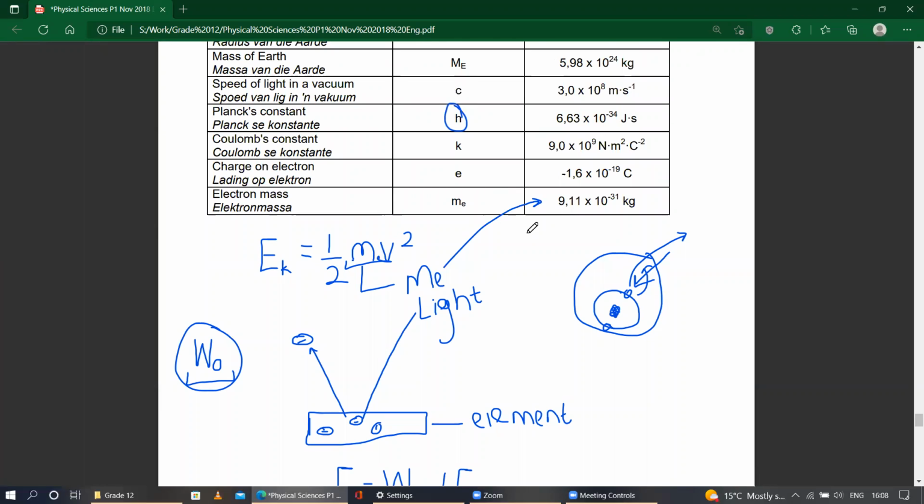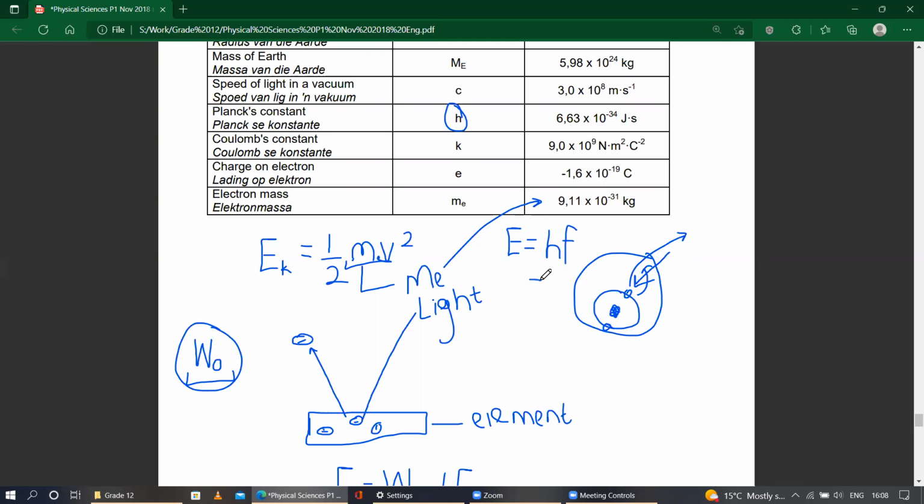I think from grade 11 work, you guys will learn that energy is equal to Planck's constant multiplied by the frequency. This is like an equation from grade 11.